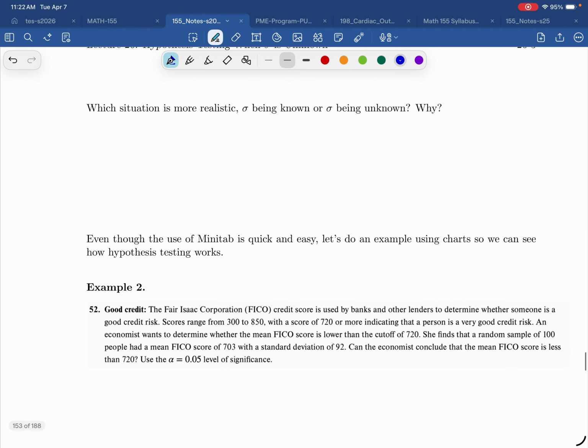Now, which situation is more realistic? Sigma known, sigma unknown. I already kind of mentioned this. Sigma unknown is usually more realistic. I'm sure there are cases where you know the standard deviation, but somehow aren't sure about the population mean.